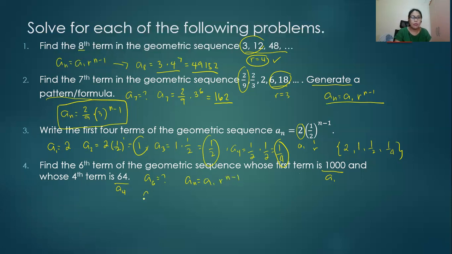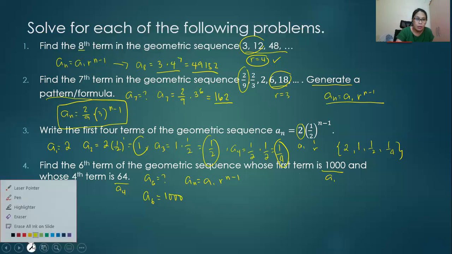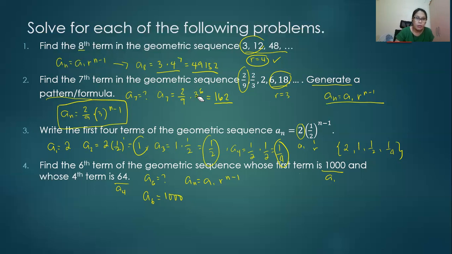Since we're asked to solve for a sub 6, again, the first term is 1,000. And then we do not know the value of r yet. But we know the fourth term. So instead, we substitute a sub n with a sub 4.